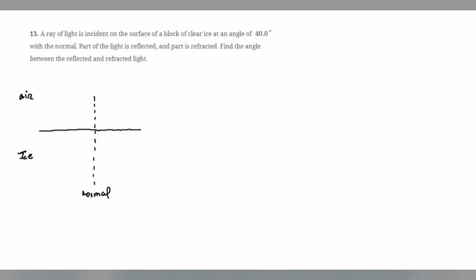And then we have an incident ray here. And then we have one reflected ray. And we have one refracted ray.